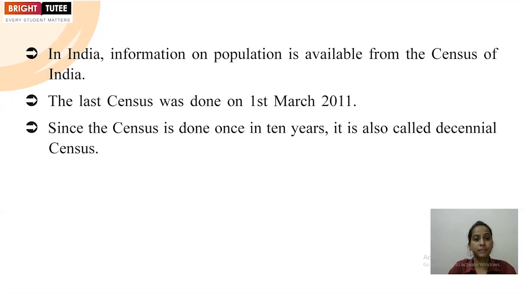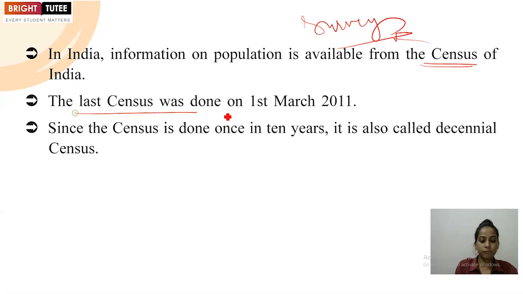In India, information on population is available from the census of India. What does census mean? Census means the survey, and in India the census is done after every 10 years. The last census was done on 1st March 2011.